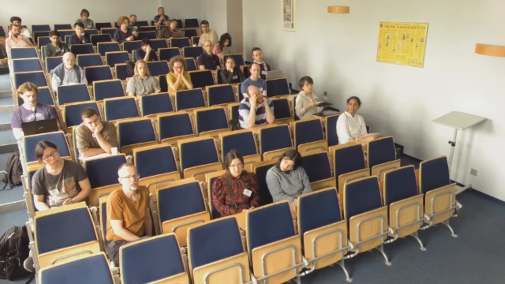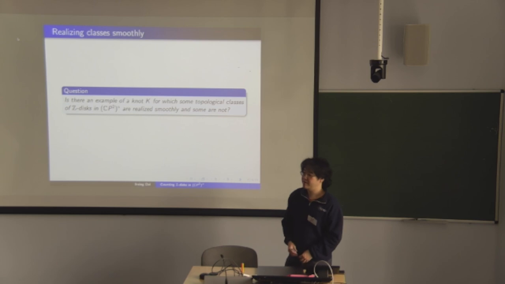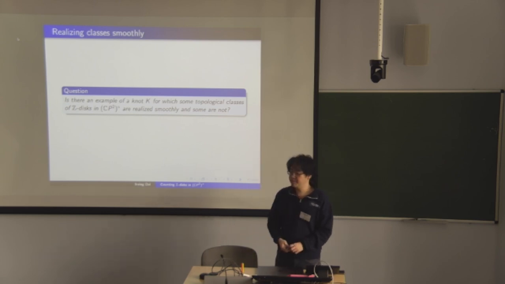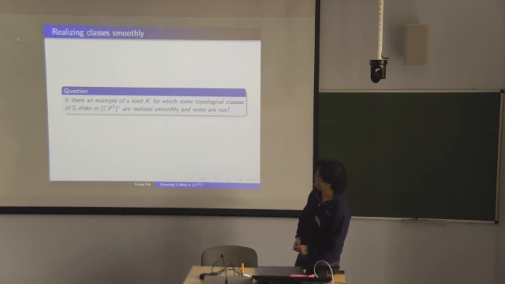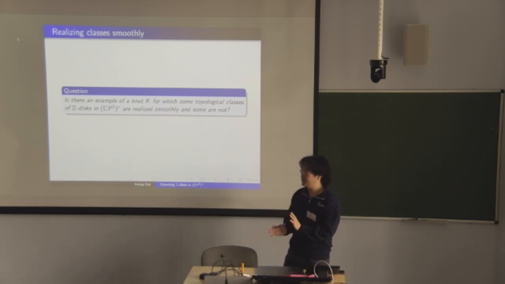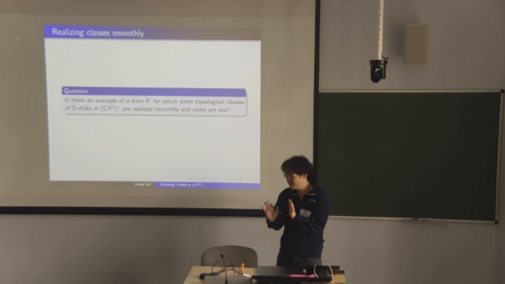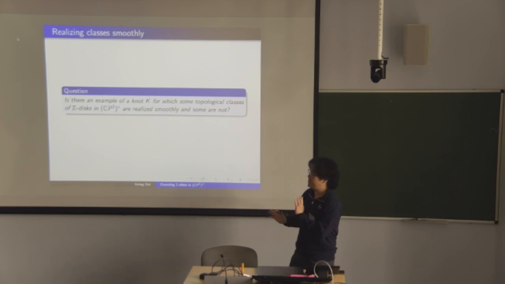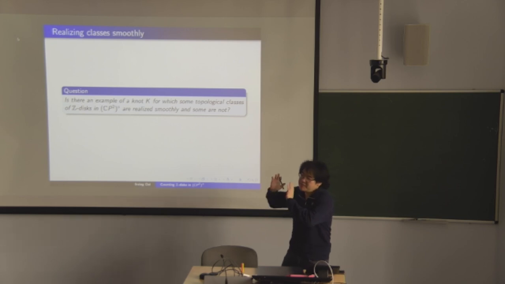I mean, in principle, yes. Everything I said was up to topological equivalence rel boundary, or topological isotopy rel boundary. I should say that the question I asked at the beginning, can you find exotic disks inside of CP2? I do not mean to imply that it is not already known that there are exotic disks in CP2. The question is can you have a very simple example.